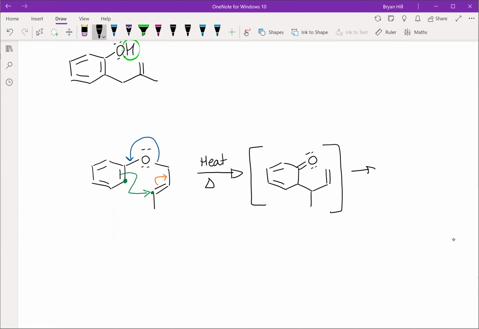And then this is going to enolize to make the phenol.